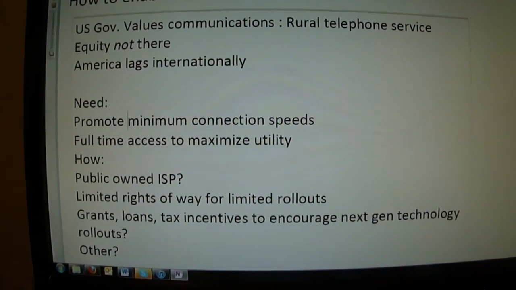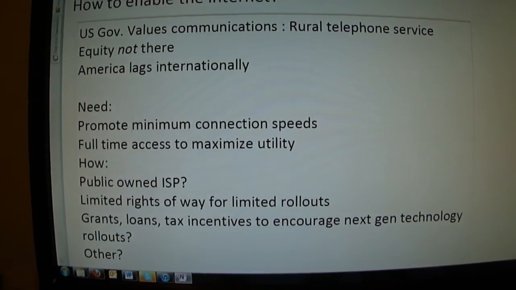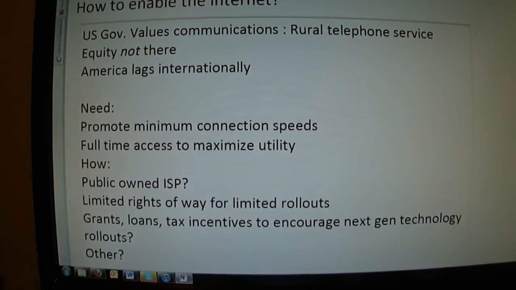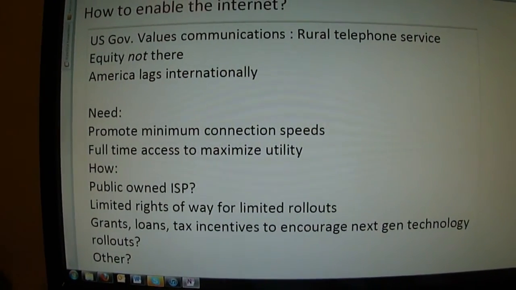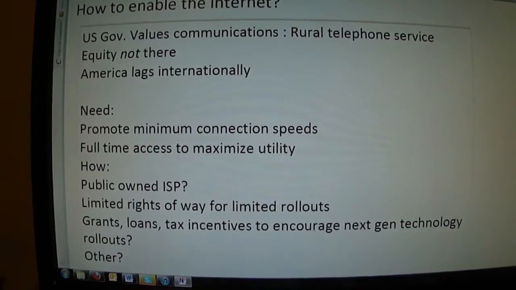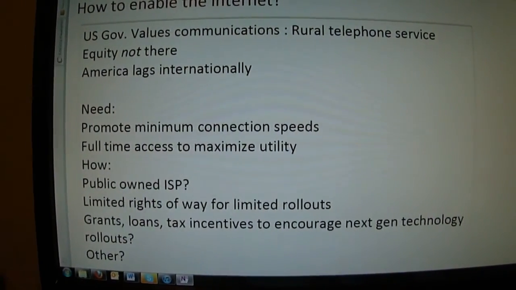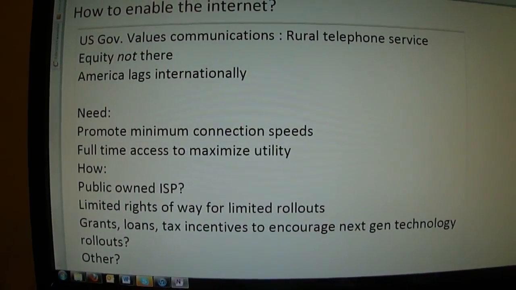Grants, loans, and tax incentives to encourage next-generation technology, specifically things like fiber to the home and fiber to the node, instead of traditional copper lines, can greatly increase connection speeds for users. And maybe there's some other ways. You'll have to read my paper to find out more.